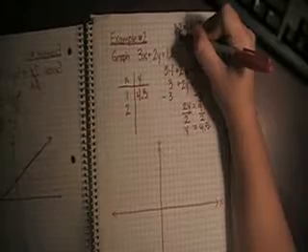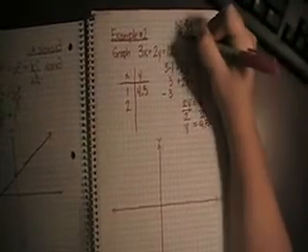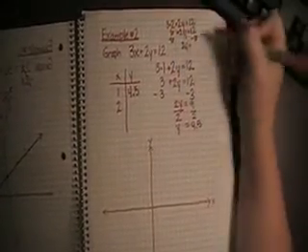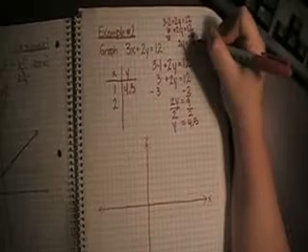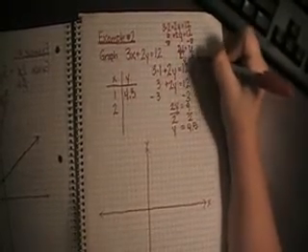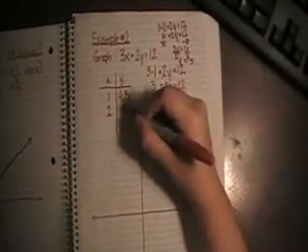Okay, 3 times 2 would be 6. I'm just going to simplify the equation. What you do to one side, you have to do to the other. So when the x coordinate is 2, the corresponding y would be 3.